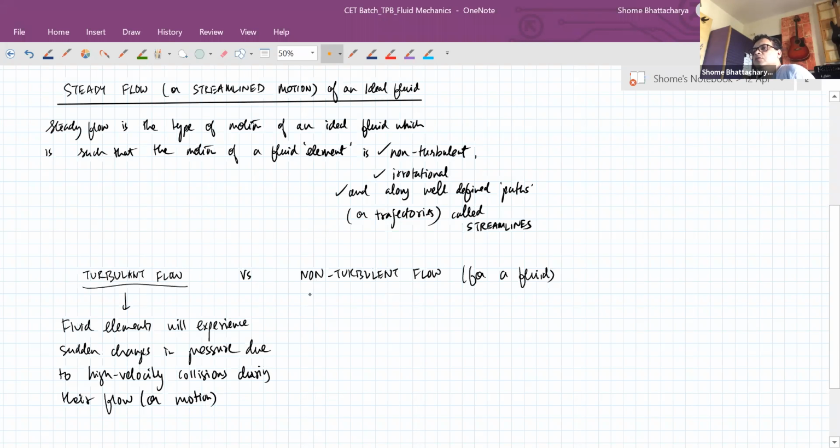Whereas non-turbulent flow is the type of motion where fluid elements do not experience any high velocity collisions.